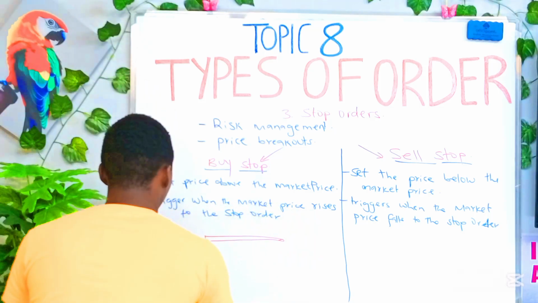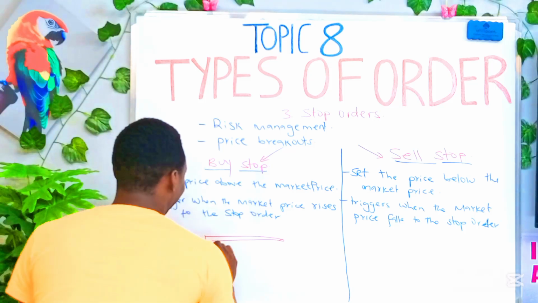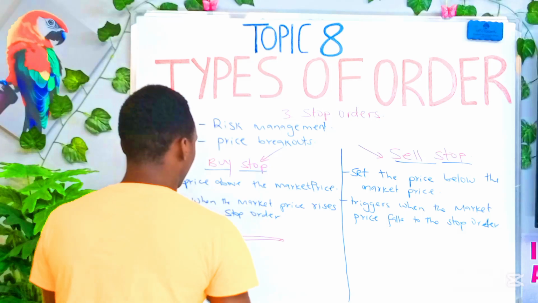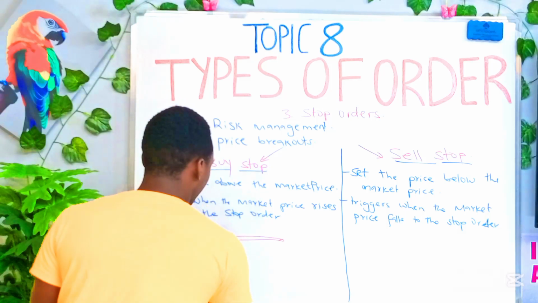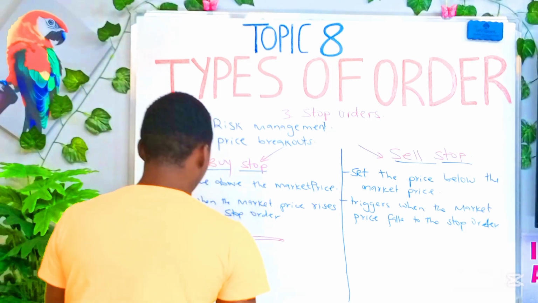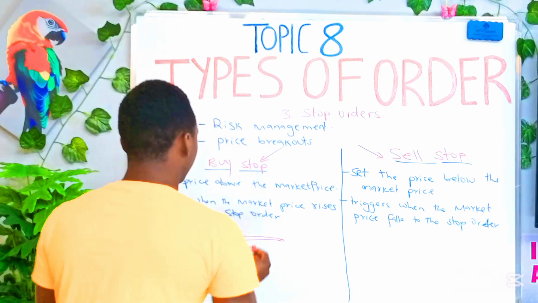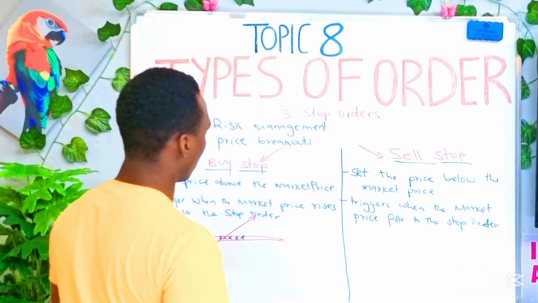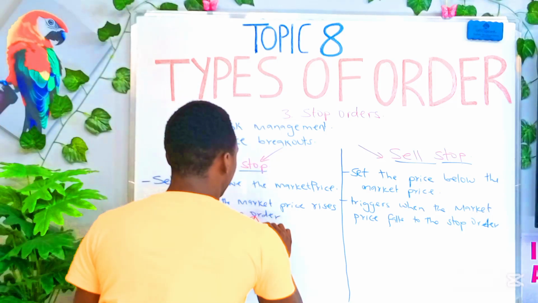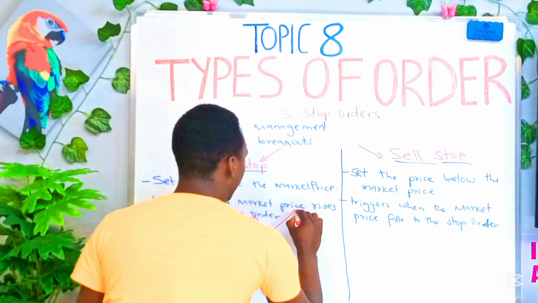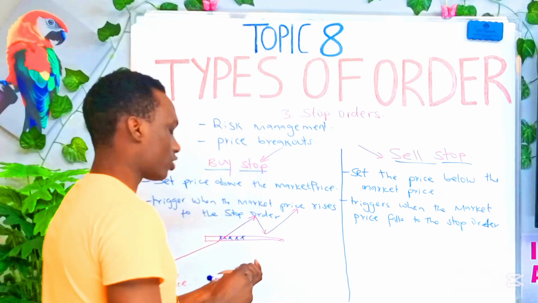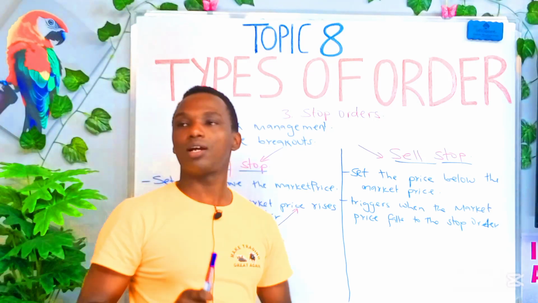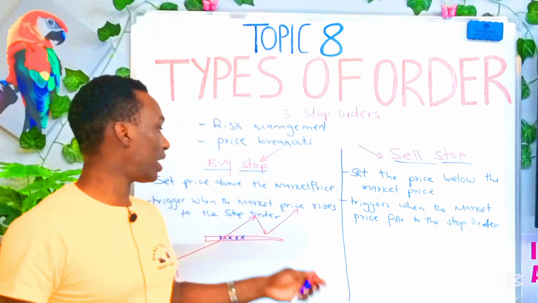When the market price rises to the stop order, it triggers your order, gets you in the trade, and the price decides to move. You can move like that, and like that. Ideally, this is how a buy stop order will look in your market conditions.